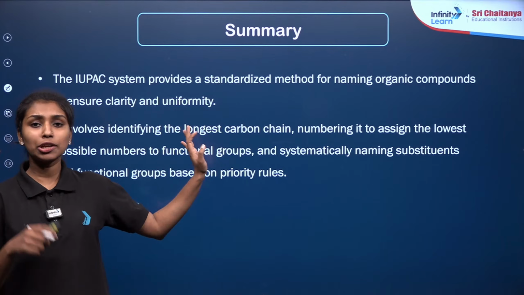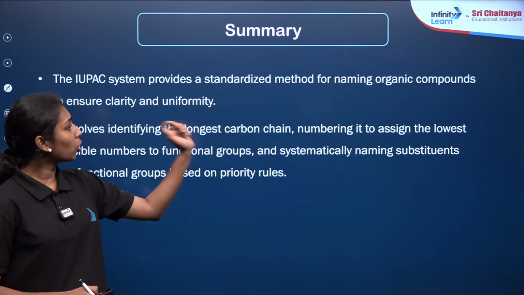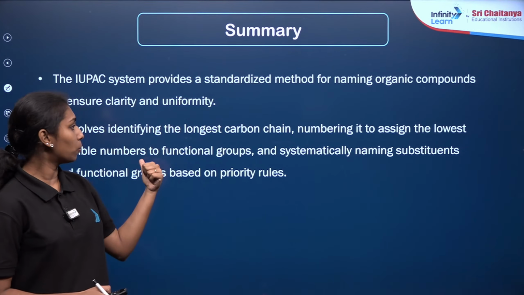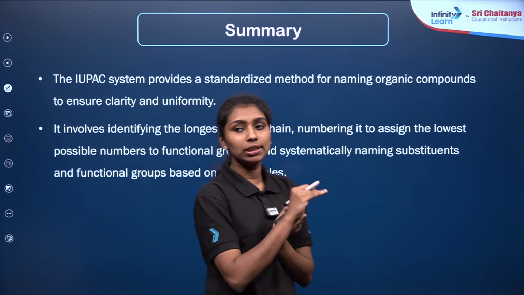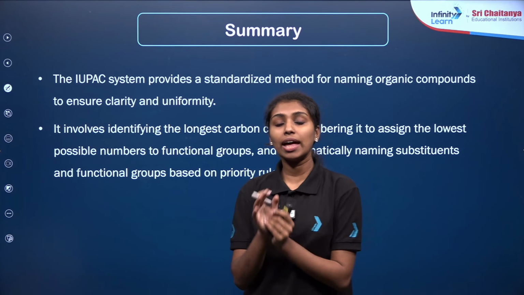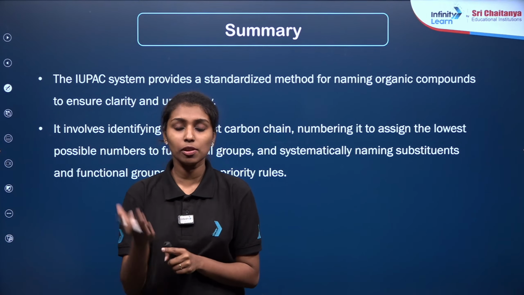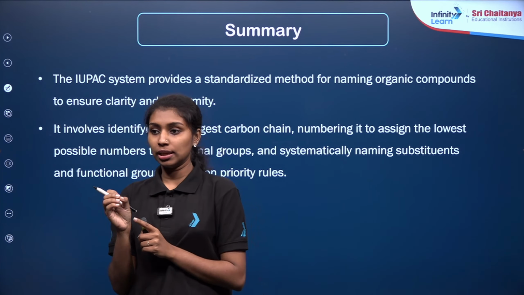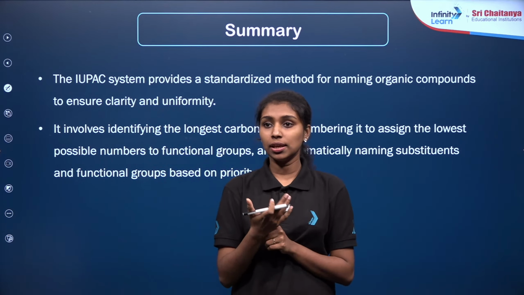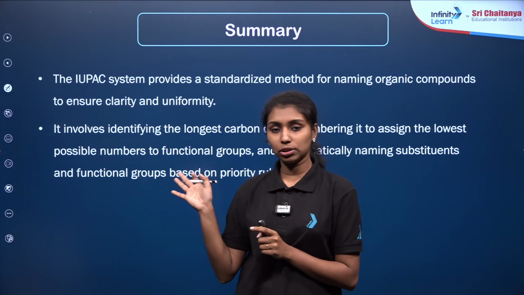We have just seen the IUPAC naming of normal compounds, right? What we need to do first is find the longest chain. Then we have given one table for that. Depending upon the carbon atoms, we will find the root word for that compound, right? So based on that, we can find out the root word for the compound.